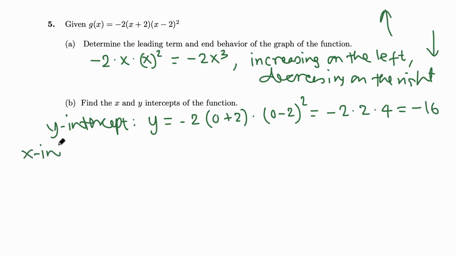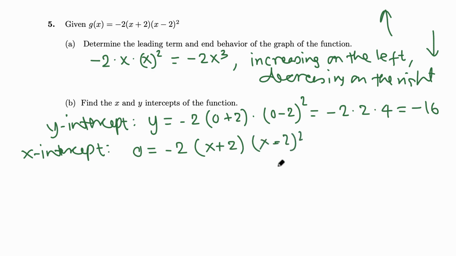Now let's find the x-intercepts. For that we set y equal to 0. So 0 equals -2 times (x plus 2) times (x minus 2) squared. This polynomial is already in factored form, so either -2 equals 0, that's not going to happen, so no contribution from here.